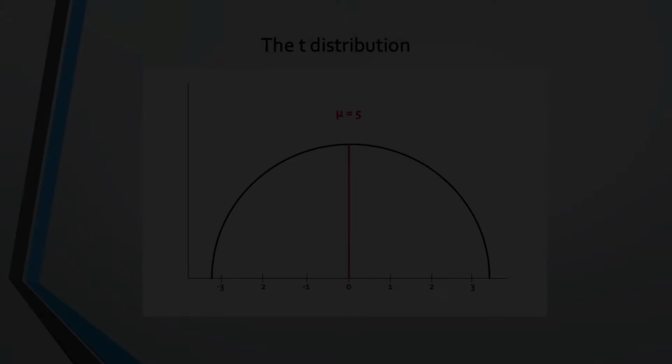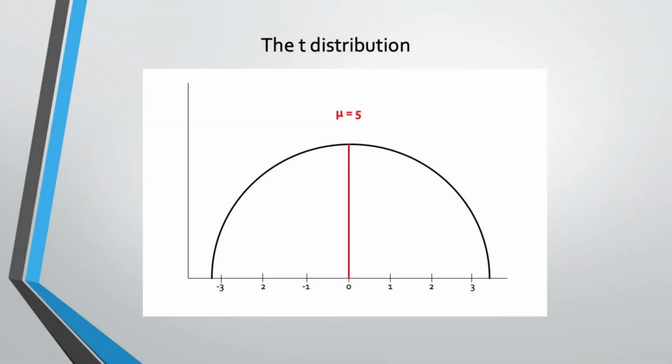So just to show you a little bit of the differences with the t distribution, we're not working with our very pretty bell curve anymore. We're working with something that's kind of like a half circle distribution. You can see that the tails are much wider, far more observations fall in those tails.